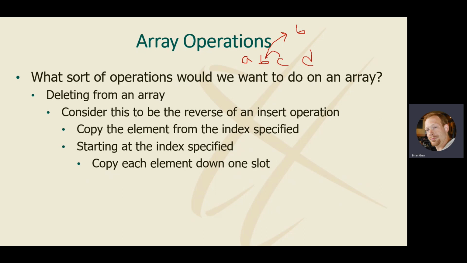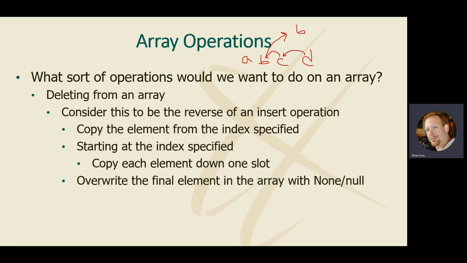So I can overwrite B with C, and then I can overwrite C with D. And then once we get to the end, once we've got no more data to move, we nuke this. We overwrite it with a null or a none, depending on what language you're using. Obviously, in Python, we have none. Other languages have null. If you're working in C, it's 0. Whatever your language uses is what it uses.